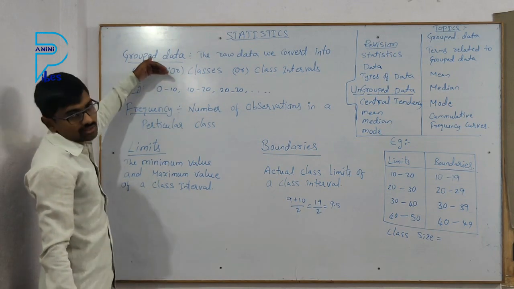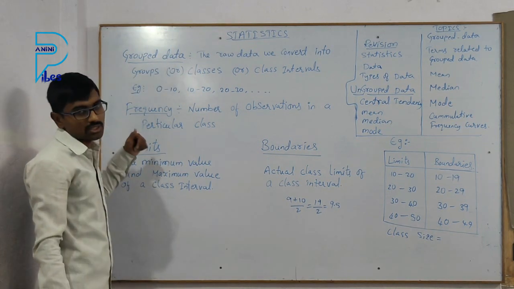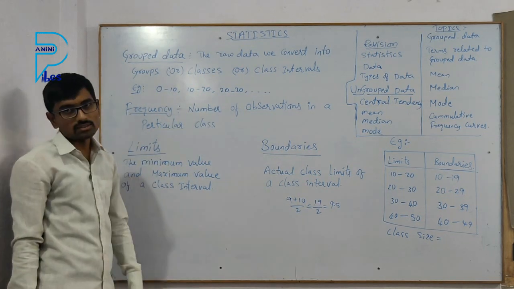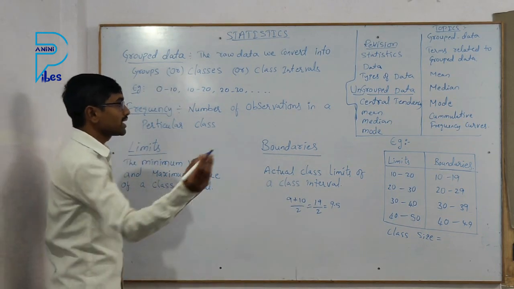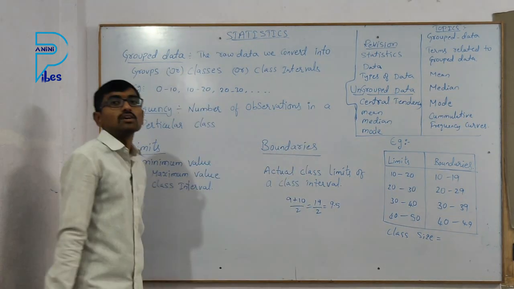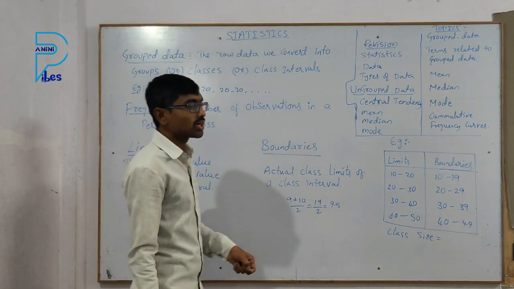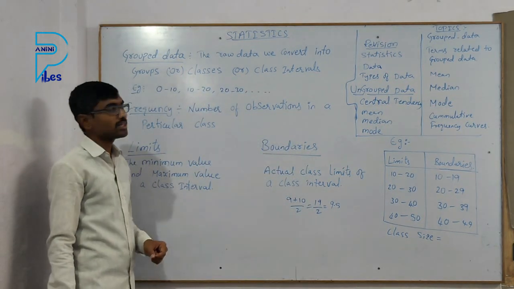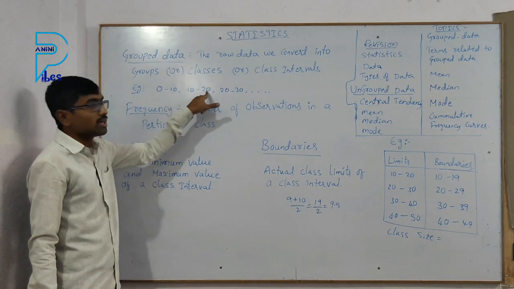In this we have some related terms, that is frequency. What is frequency? The number of observations in a particular class is called frequency. Suppose I am collecting data in which I have got 15 as 10 times. 15 is present in between 10 to 20.